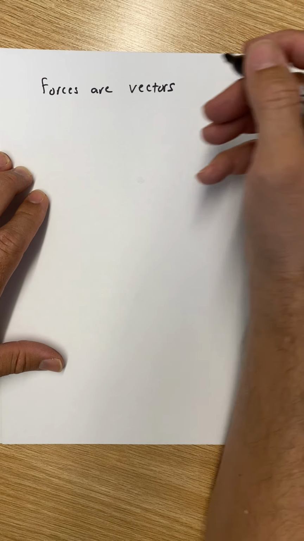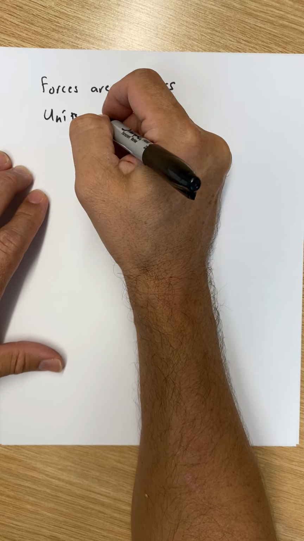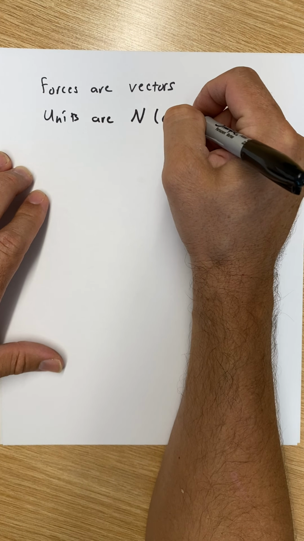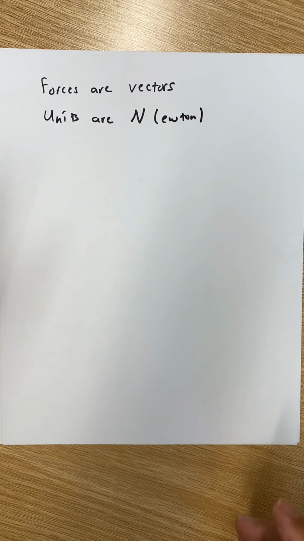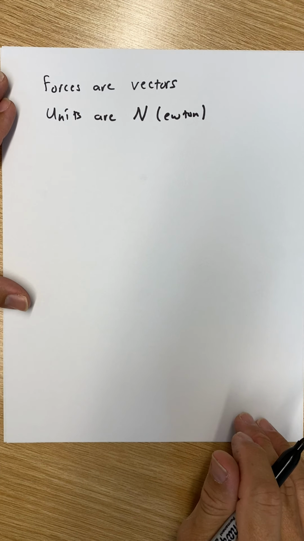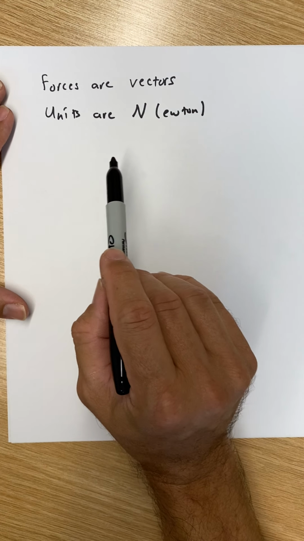The units of force, I should say, are newtons, after Isaac Newton, who is responsible for much of the language we use when we talk about force, and most of the mathematics we use when we talk about forces, or at least he's responsible for the calculus. There's some debate about that, but probably was Newton.